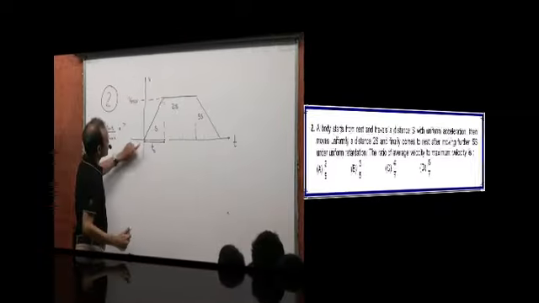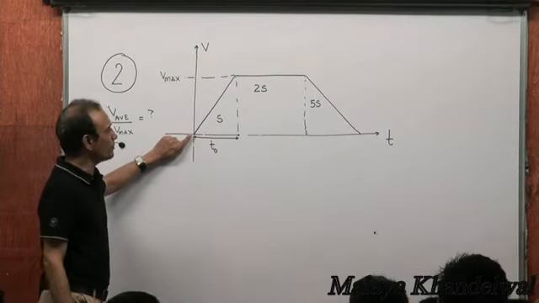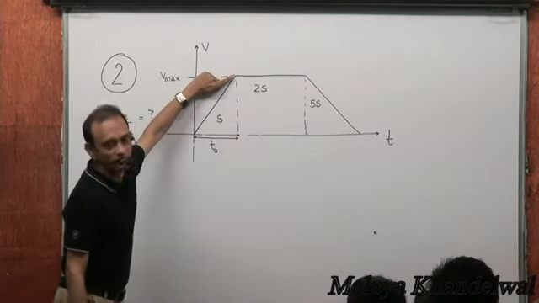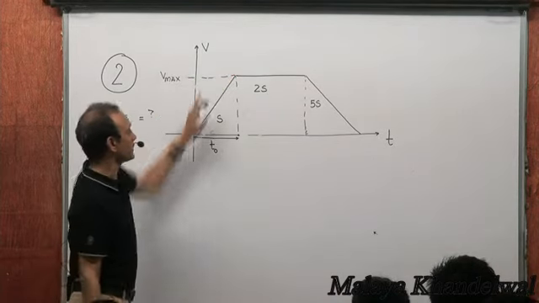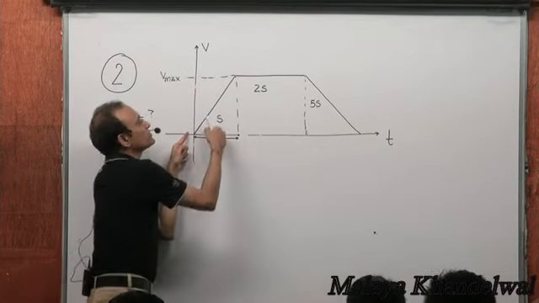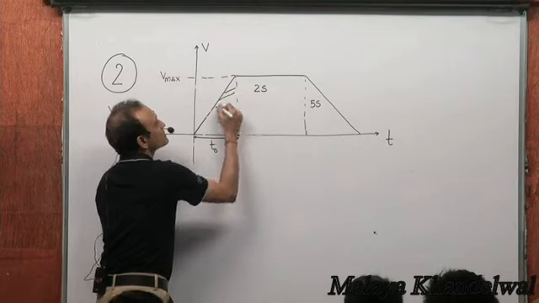Next situation is about a particle starting from rest and having a uniform acceleration, and after it reaches a maximum velocity it has a displacement s in that time. That means in t0 seconds its displacement is s. That means area of this triangle is s.